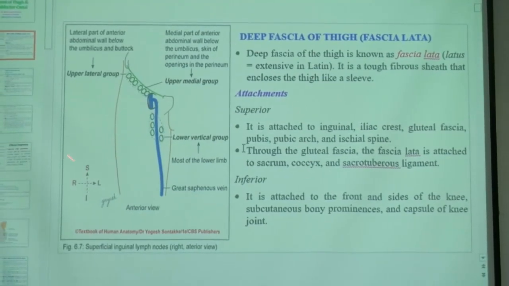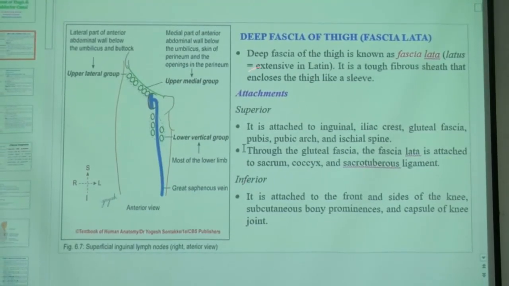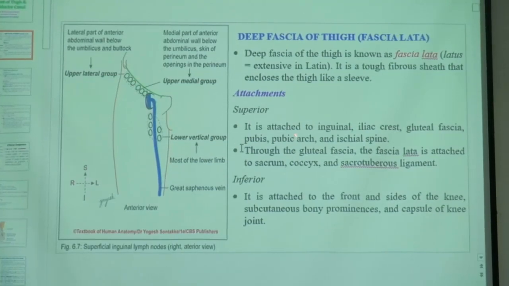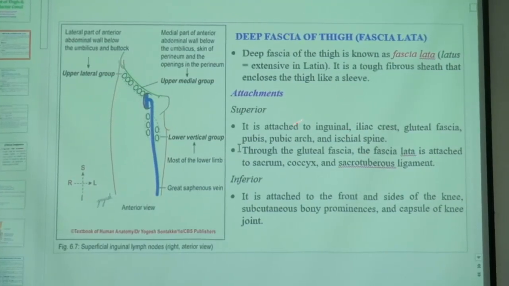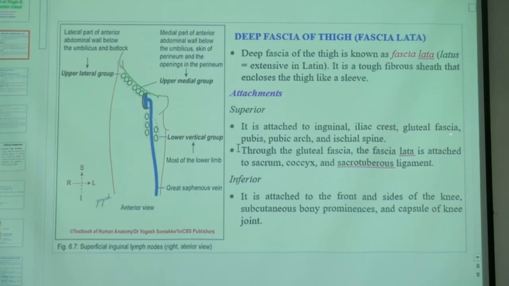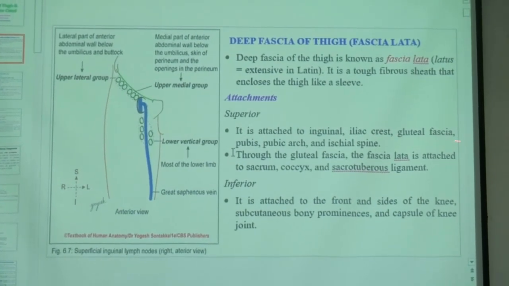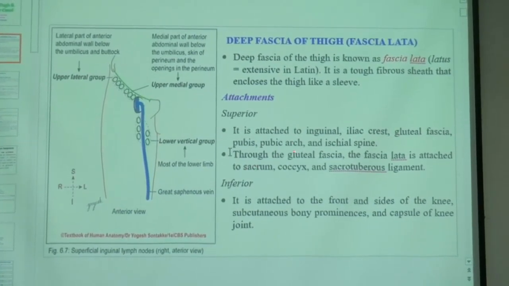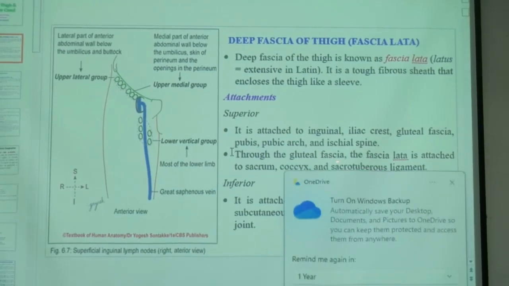What are the attachments of the fascia lata? That is important. Superiorly it is attached to the inguinal ligament, iliac crest, gluteal fossa, pubis, pubic arch, and ischial spine.